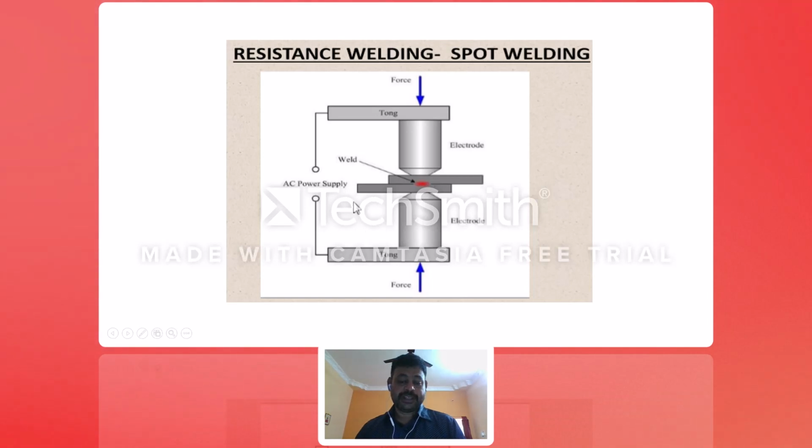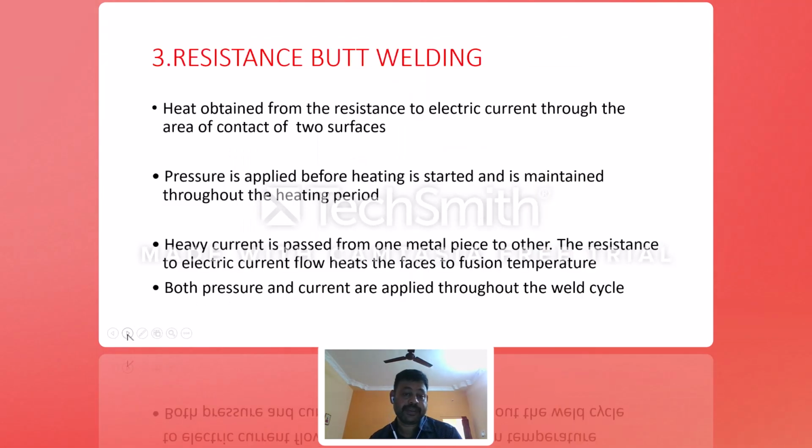Now we supply the power, so electrical resistance develops inside. We apply pressure, and the heat input is generated by the electrical resistance. Then the weld bead forms. Look here, the weld bead forms inside the metal; you cannot see it at the top surface of the sheets.